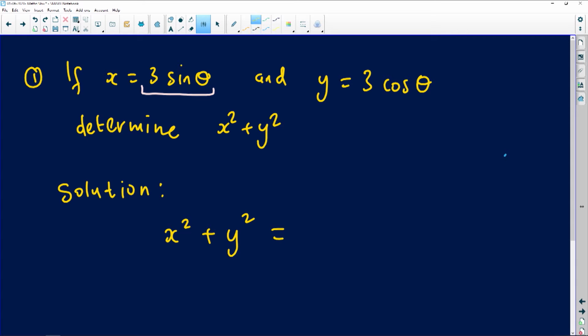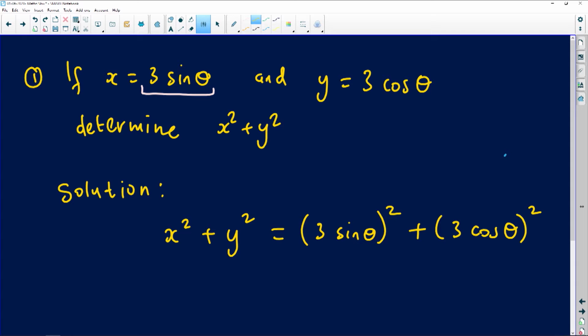So in the space of x, I'm going to replace that with 3 sine of theta, and there's a square there which I'm going to retain. There's a plus sign which I'm also retaining, and the y value is 3 cosine of theta, and on that term we also have a square.